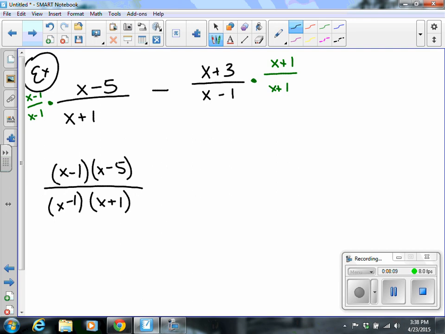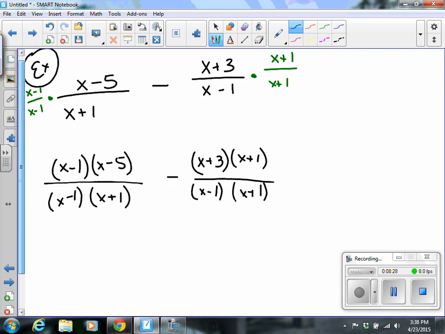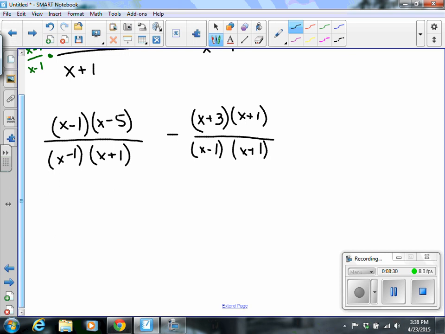So notice here, you can see that I've got that x minus 1, and you don't want to cancel it yet. Don't do that yet. Minus (x plus 3)(x plus 1), all over (x minus 1)(x plus 1). Okay, here's why I'm saying don't cancel them out yet. The whole point was so that we had that.